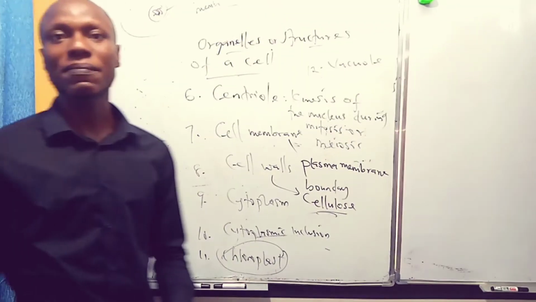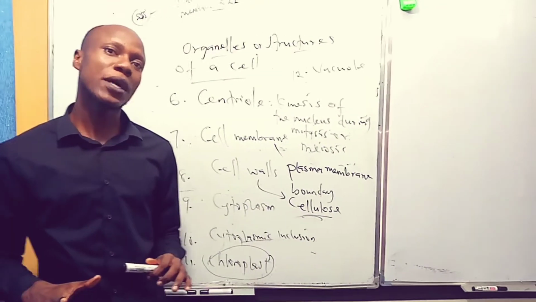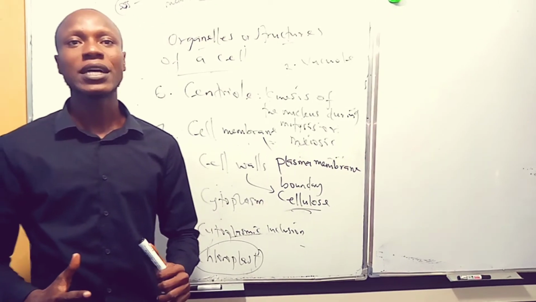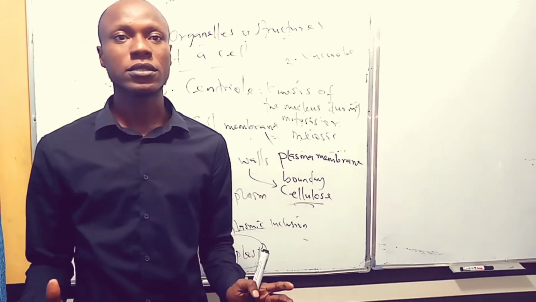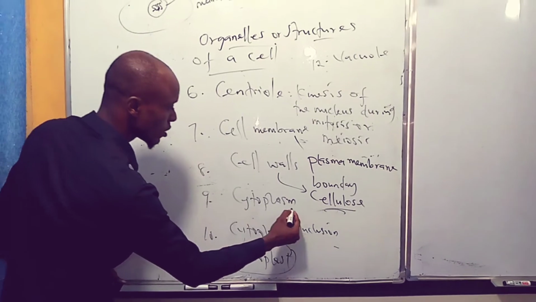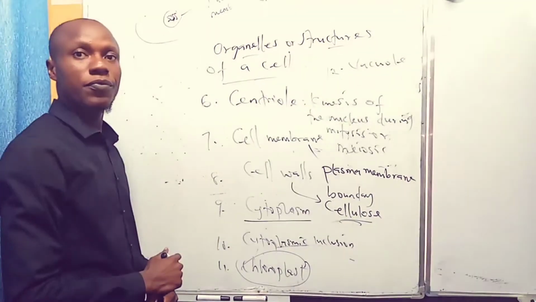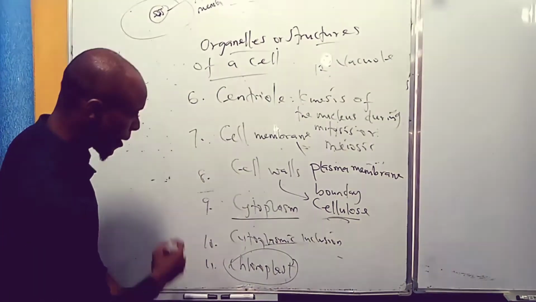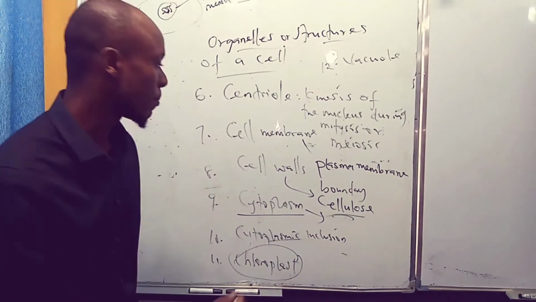So now we can move forward to the cytoplasm. The cytoplasm is the internal environment of the cell that is what? Liquid base. That is what? The cytoplasm. Okay? And the cytoplasm has a general term known as what?